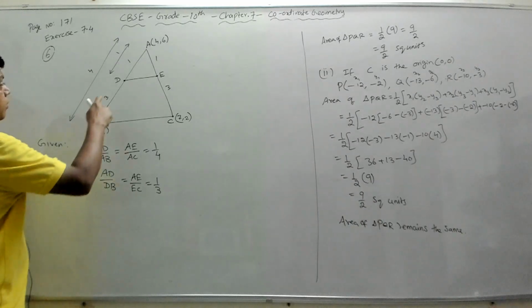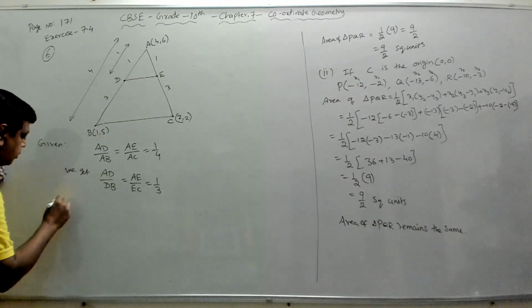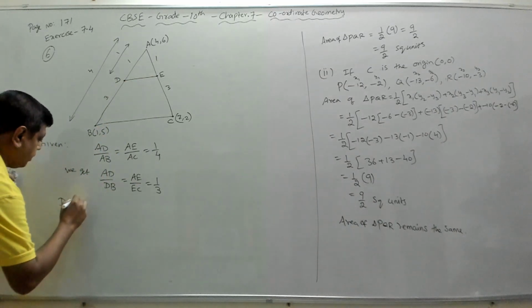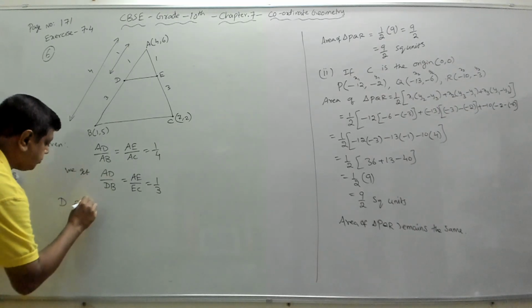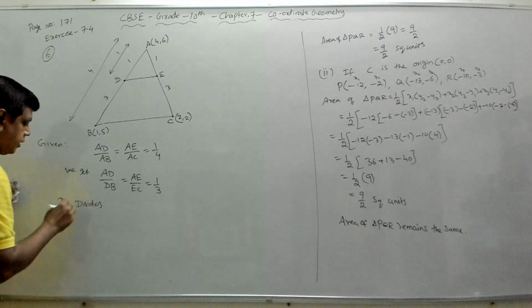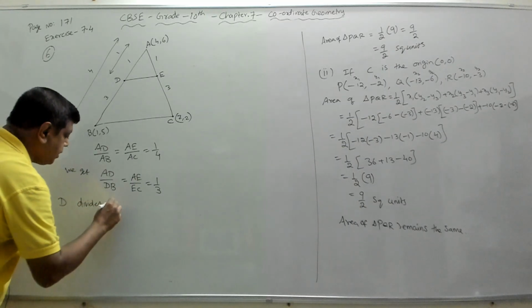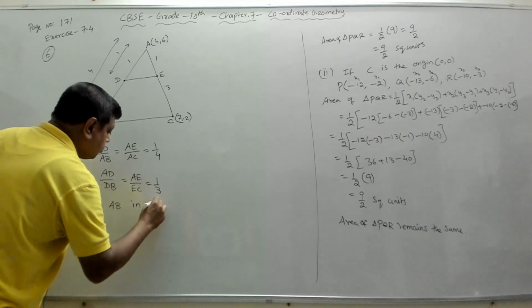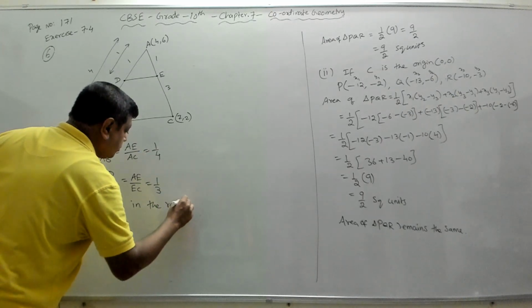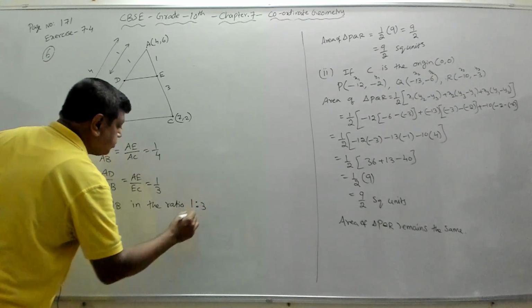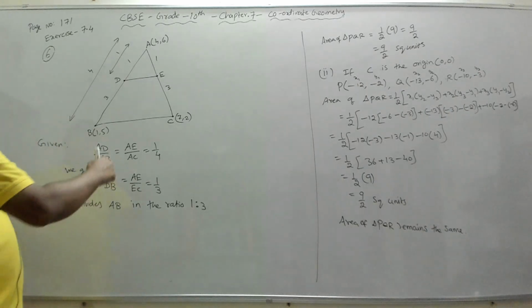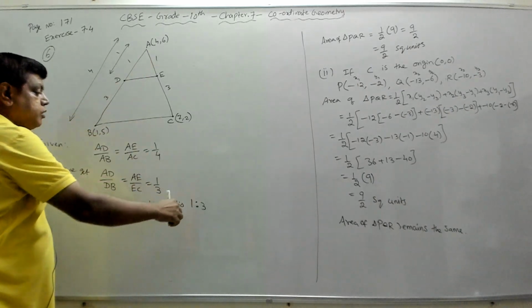You have to find the coordinates of D and E. So we'll go with the point D, which divides AB in the ratio 1:3.